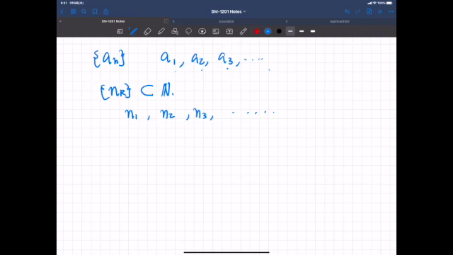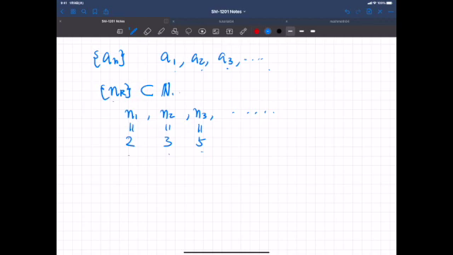Say n1 could be 2, n2 could be 3. We order this sequence in increasing order. This could be 5. It's just any subset of natural numbers.